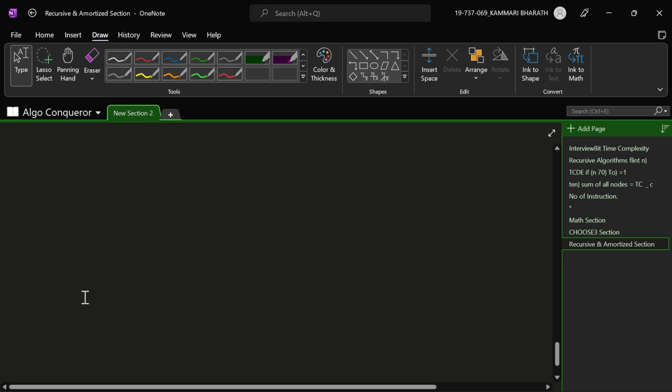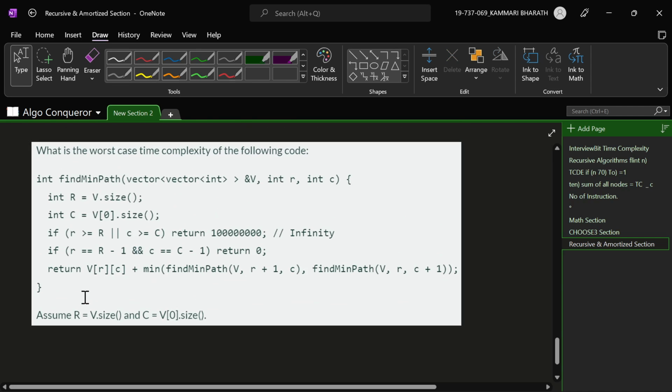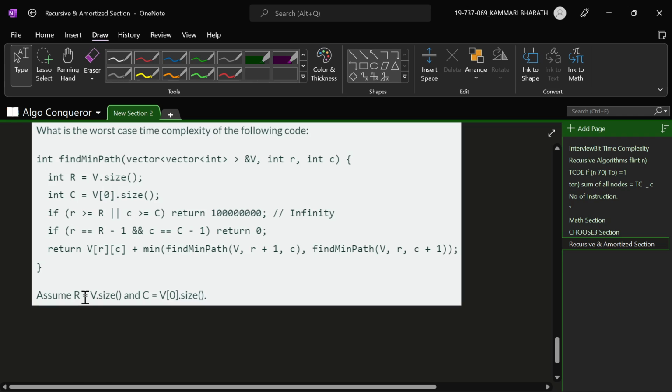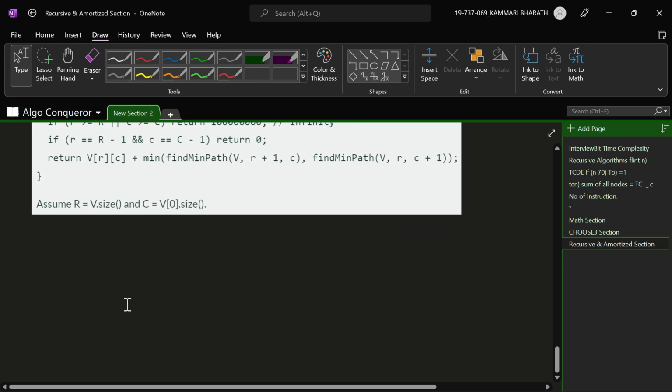Initially, we will be given the function f of 0 comma 0. These are the values passed initially to us, and this can call f of 1 comma 0 and f of 0 comma 1.